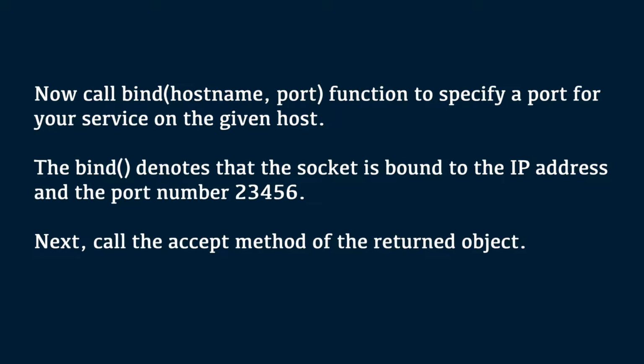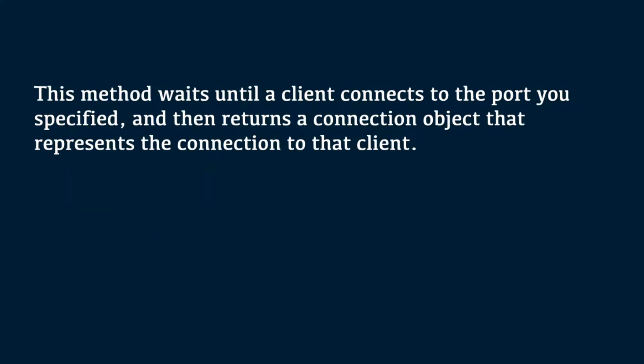The bind method denotes that the socket is bound to the IP address and the port number 23456. Next, call the accept method of the returned object. This method waits until a client connects to the port you specify and then returns a connection object that represents the connection to that client.